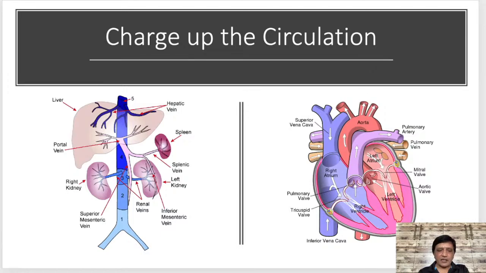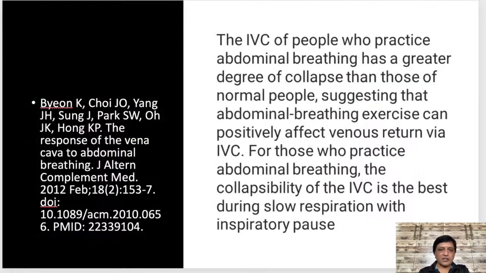So if the circulation has to improve, there is research being done which shows that it helps the health of this inferior vena cava. They call it the degree of collapse of this inferior vena cava. If the collapse can be greater, then it helps in proper blood supply.